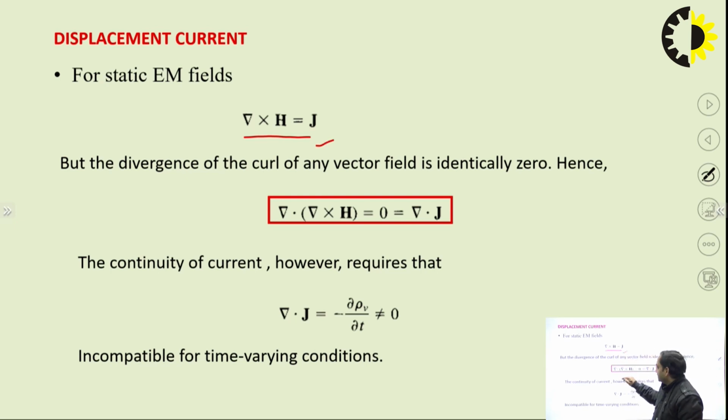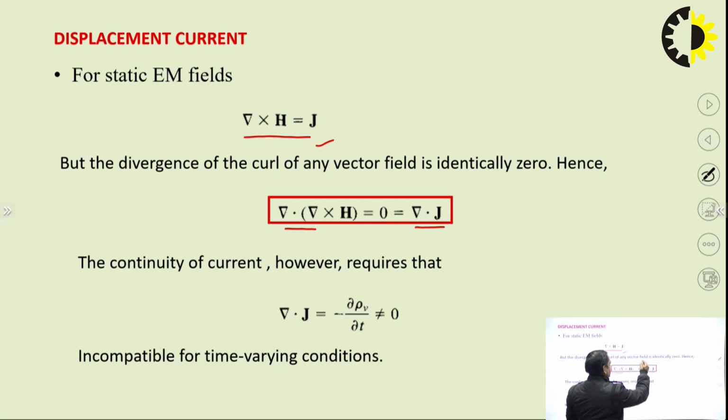On the left hand side we get del dot del cross H, and on the right hand side del dot J. We know the identity that the divergence of the curl of any vector is equal to 0.